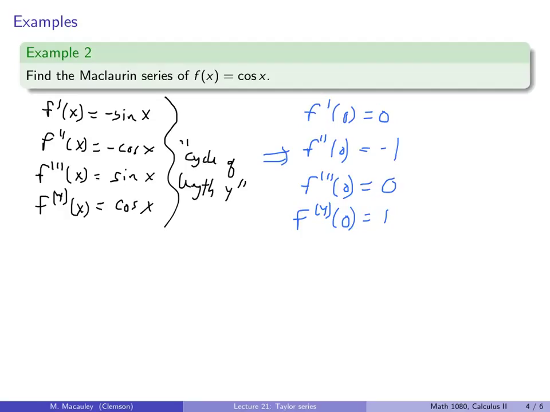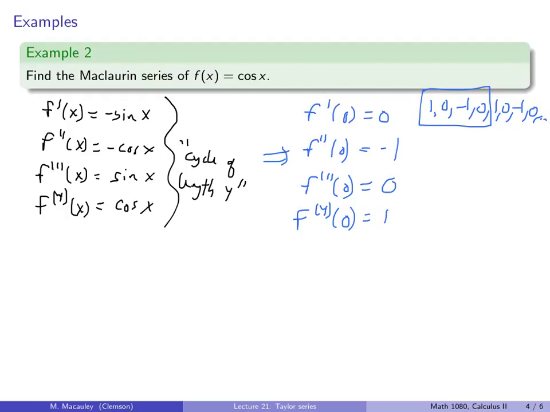So this sequence of derivatives is going to alternate. Well, I guess the 0th term is going to be 1, 0, negative 1, 0, 1, 0, negative 1, 0, and so forth. So notice that this repeats with a cycle of length 4.